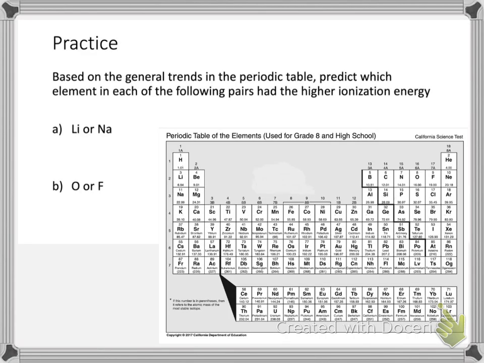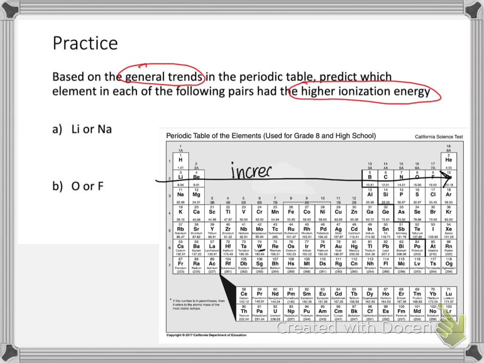So it says, based on the general trend, what has the higher ionization energy? So let's rewrite the trend on this periodic table. So as we go across any of the periods, our ionization energy increases. So on this side, we have the lowest ionization energy, and on this side, we have the highest ionization energy.